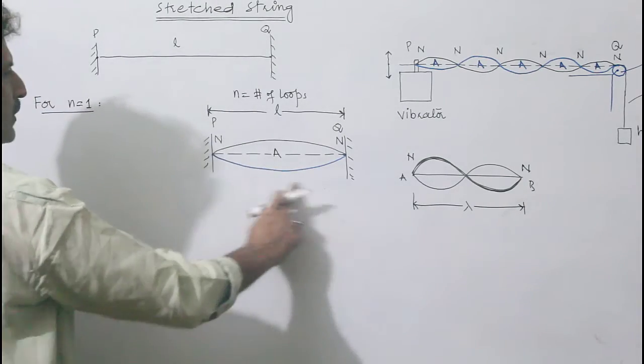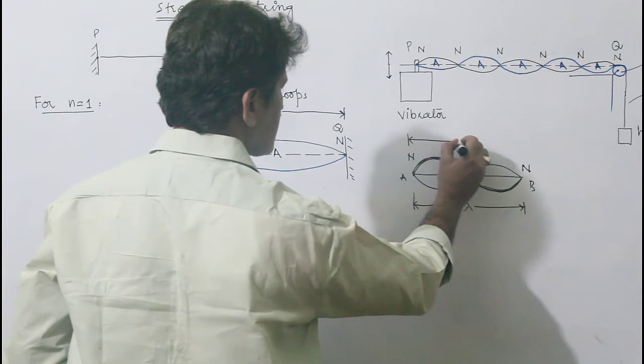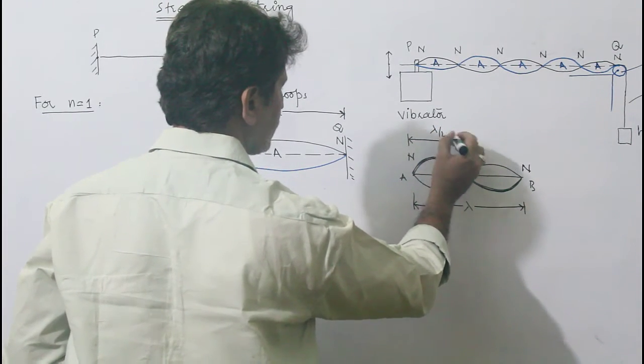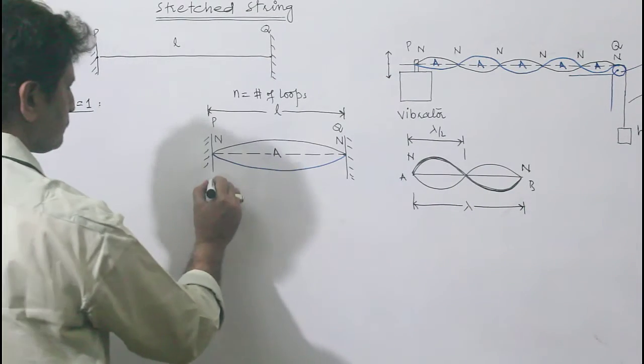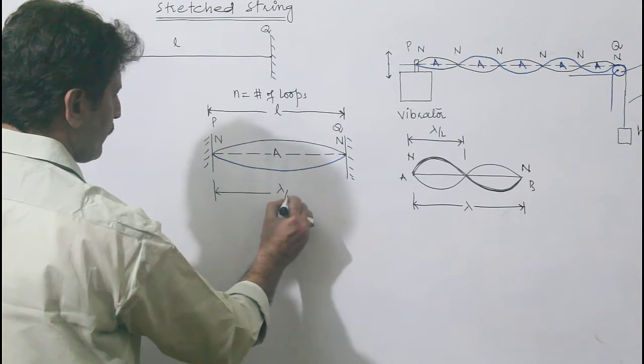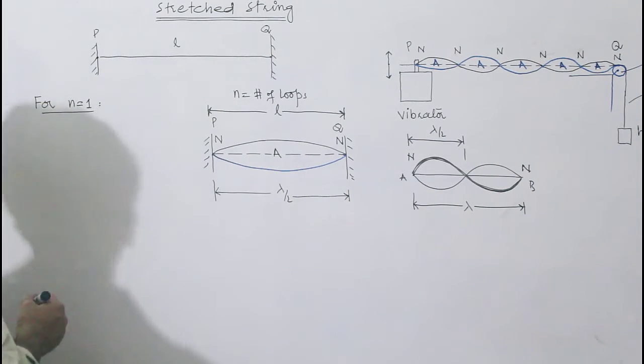Now here we have only one loop, so this distance of one loop is equal to half of the wavelength. So here we have half of the wavelength formed.